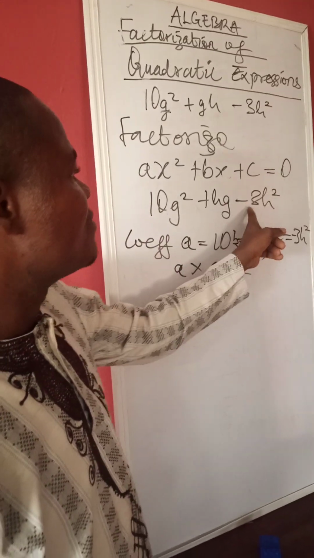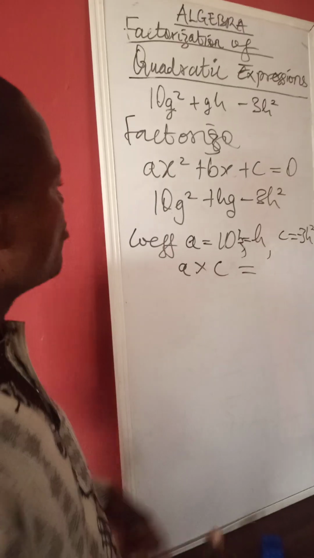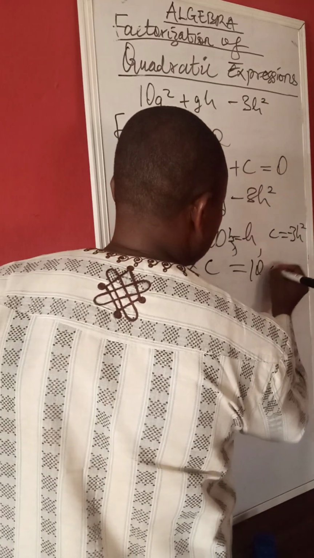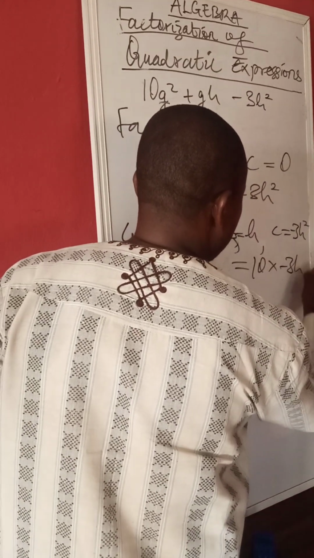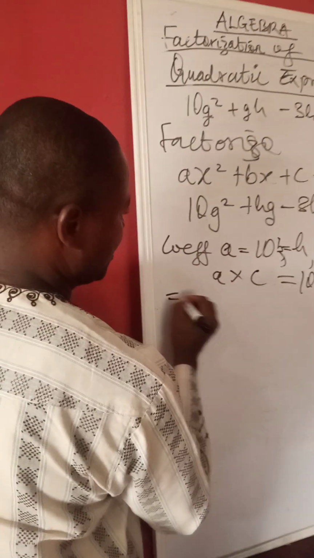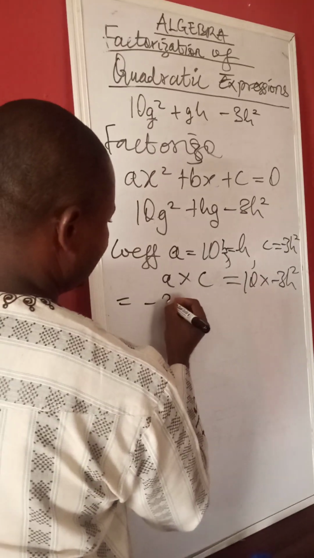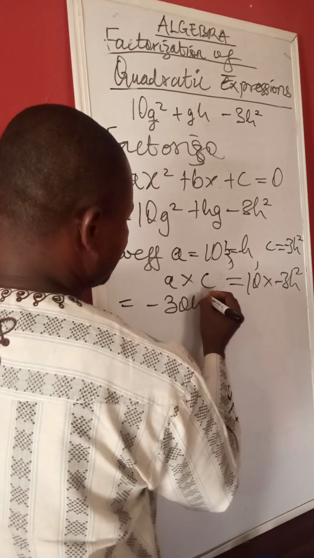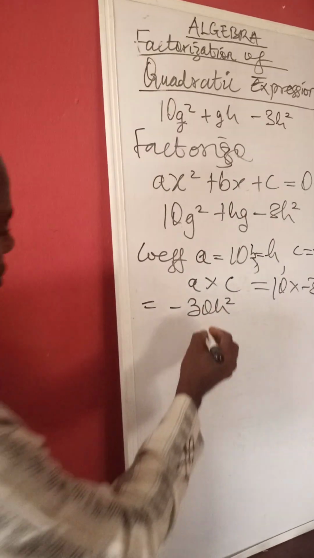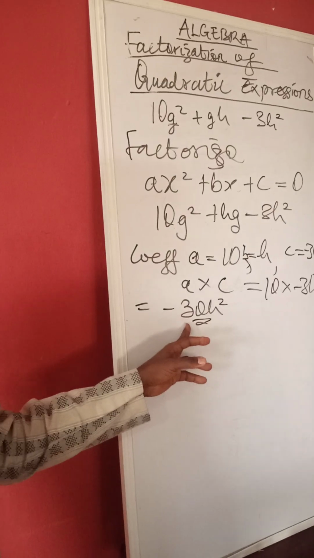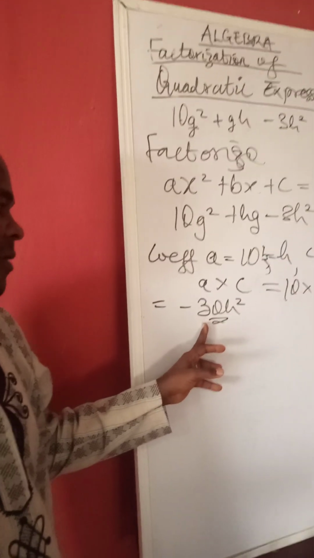My C is minus 3H squared. So A times C will be 10 times minus 3H squared, which is going to give me minus 30H squared. So that is the product of the coefficient of the first and last term.